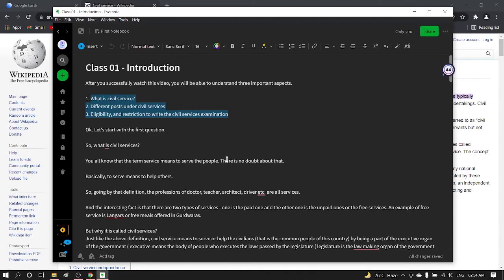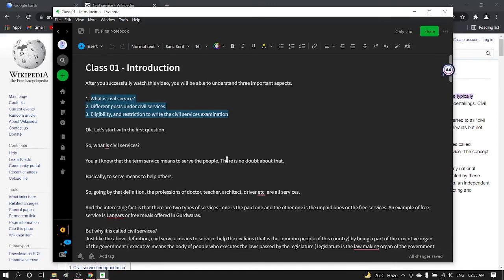So this introduction class will help you to chart your preparation in such a way that it will be easy for you, because we will discuss a lot of ideas, tricks and tips to prepare for the examination, including the trick that will help you to easily prepare, like converging different subjects like history and geography.